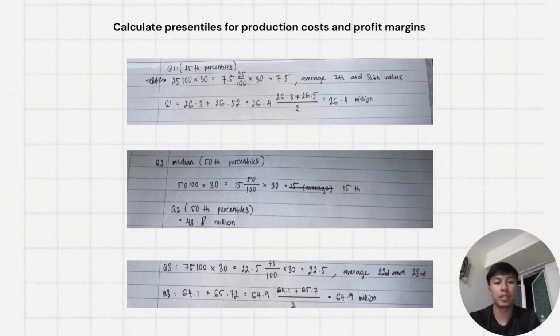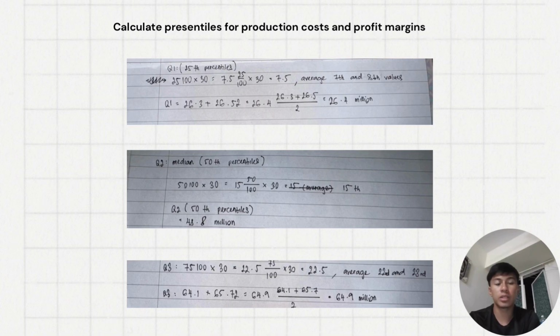From the data given, we need to calculate percentiles for production costs. To find Q1, we calculate the position of the 25th percentile in the sorted list. With 30 data points, Q1 is at position 25 over 100 times 30, which equals 7.5.